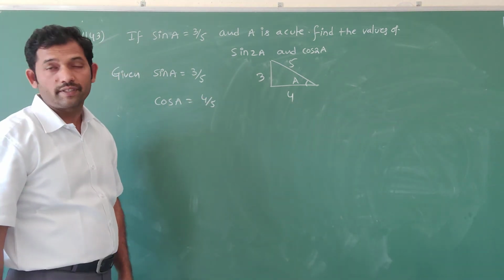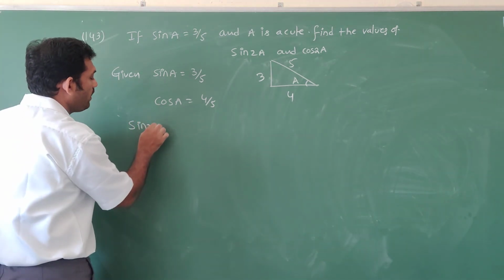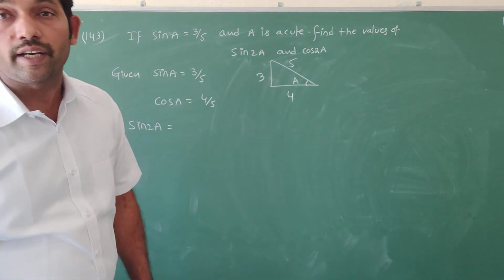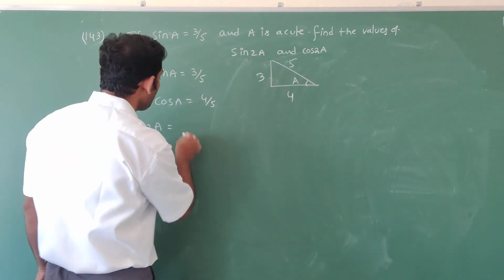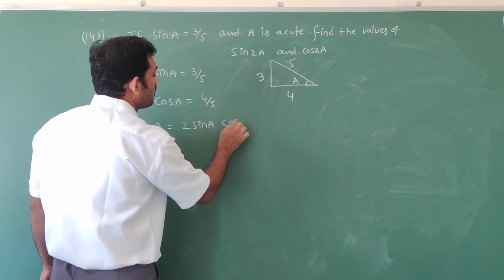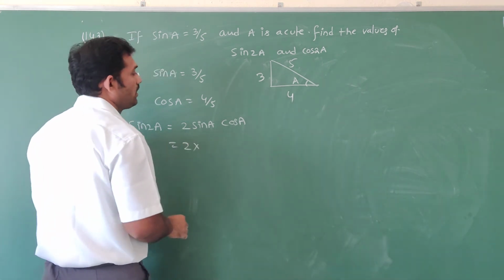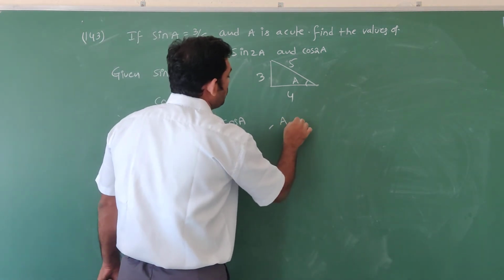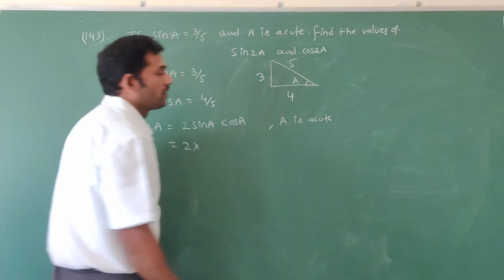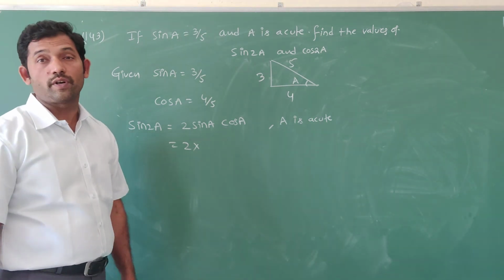After that you take the sin 2A value and simplify. The sin 2A formula is 2 sin A cos A. A is acute, so A is in the first quadrant.